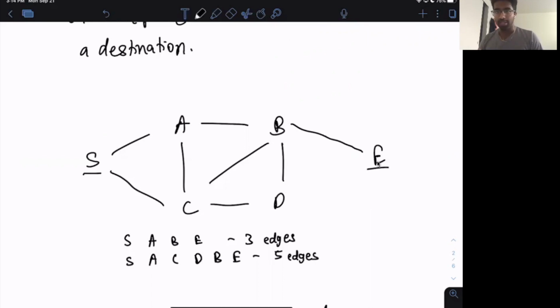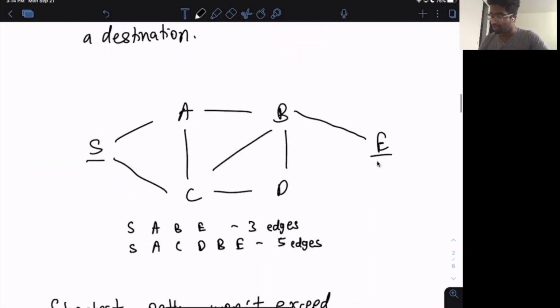But would we ever want to explore S to A to B, back to C, and then back to A to B to E? Let me write that out. So would we ever want to go from S to A to B, C, A, B, E? Because this has 6 total edges.